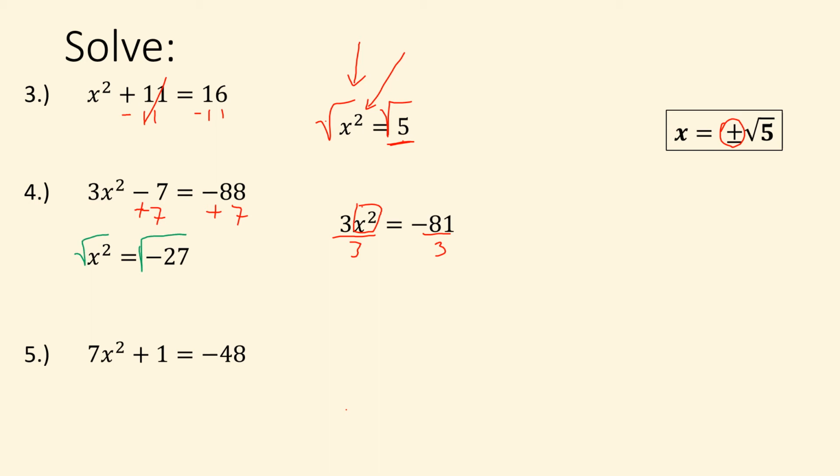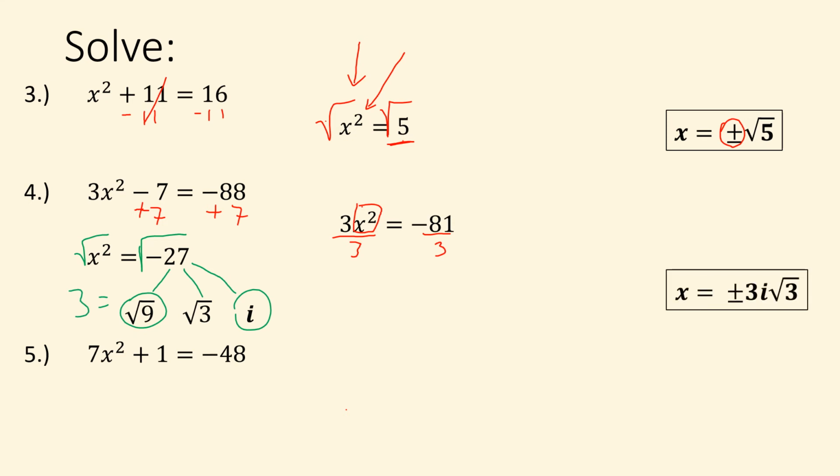Here you can see we have the square root of a negative, so we're going to have an i here. We do a factor tree: we have 9, we have 3, and we have this i. Square root of 9 equals 3. So we have 3i radical 3, and all of our answers have that plus minus in front of them.